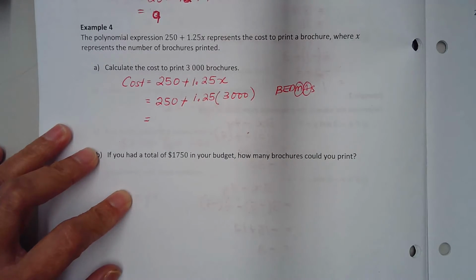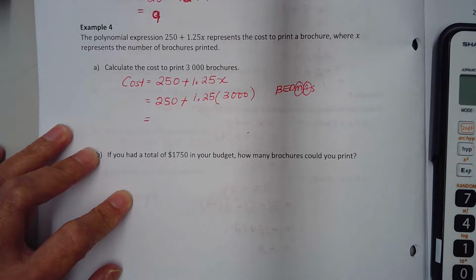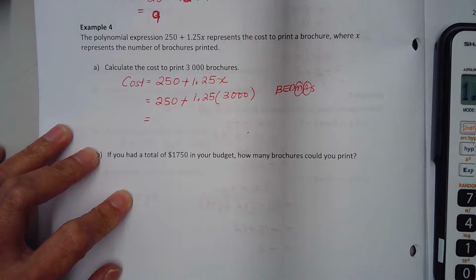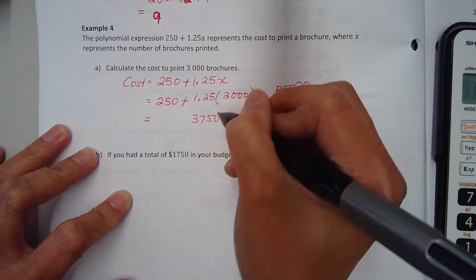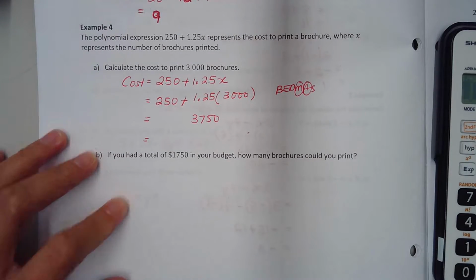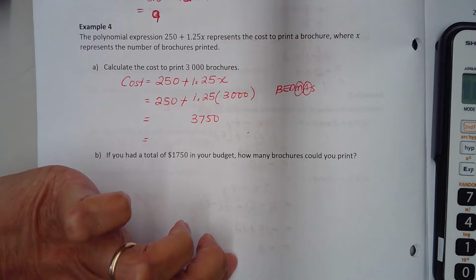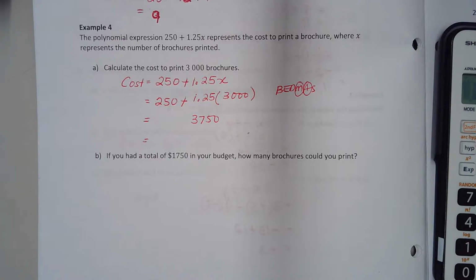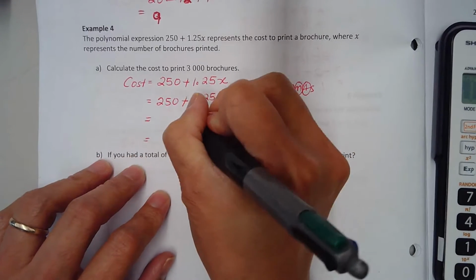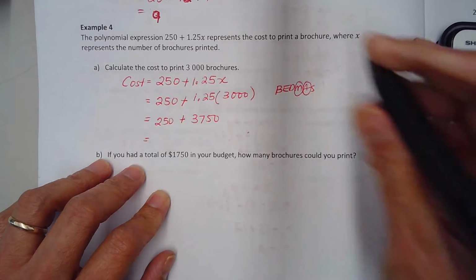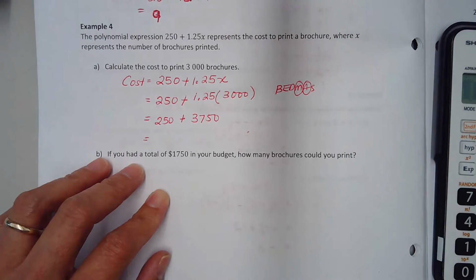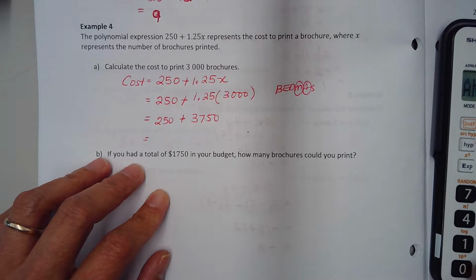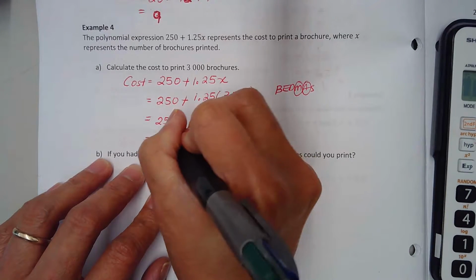What am I going to put in there? 1.25 times 3,000. Okay, what's wrong with it? Show everything, right? Because you want the first line equation to match the second line, and then what's the last one? Plus 250. It's going to be 4,000.